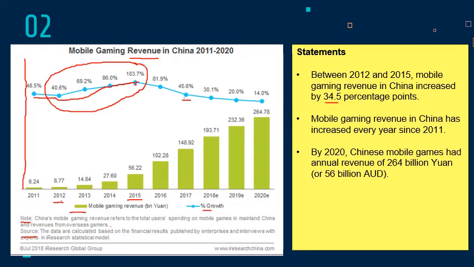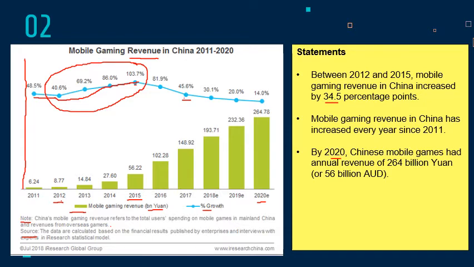By 2020, Chinese mobile games had an annual revenue of 264 billion yuan. Now this, remember down here, this is billion yuan, BN yuan. And I've looked at the 2020 amount because I thought, well, where are we at the moment? So I'm not looking at the trend or the growth. I'm just looking at how much money in 2020 was made by these Chinese mobile games.